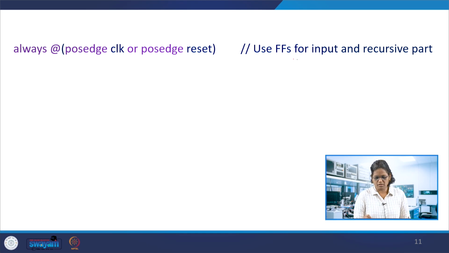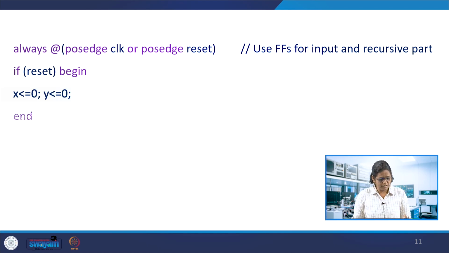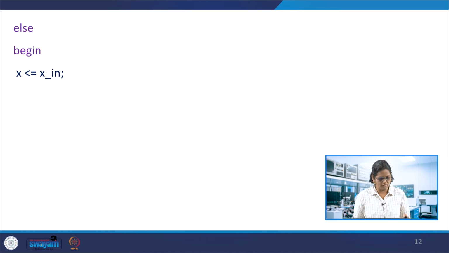You can see the flip-flops for the input and the recursive part, that are the delays in the equation of the IIR filters. If reset, begin, make x and y 0 if reset is 1. If it is not 1, then take the input and assign it to x.